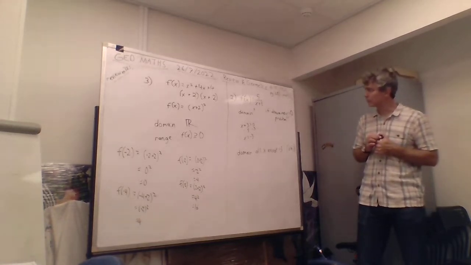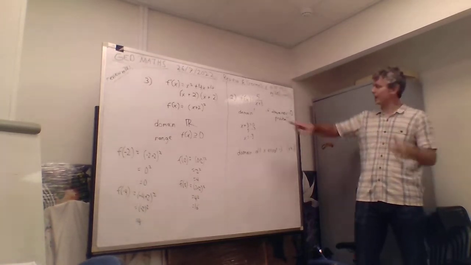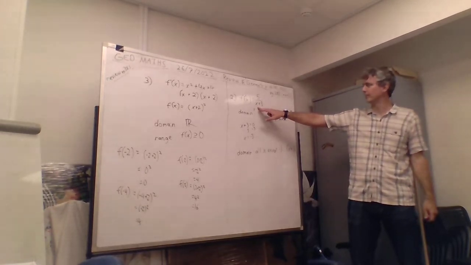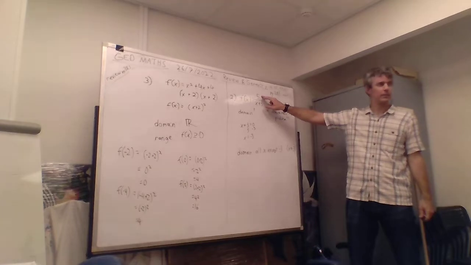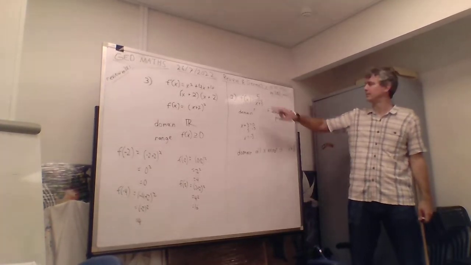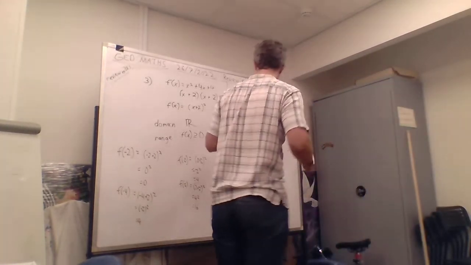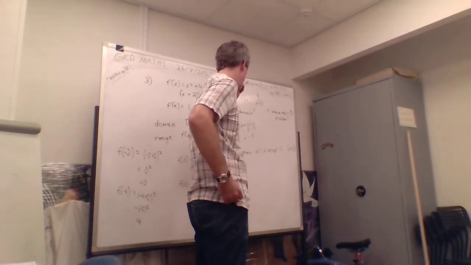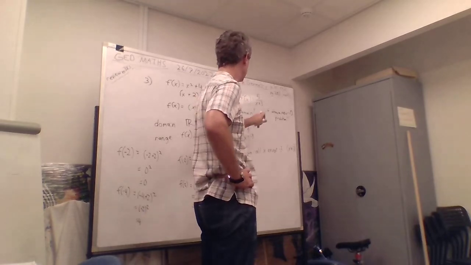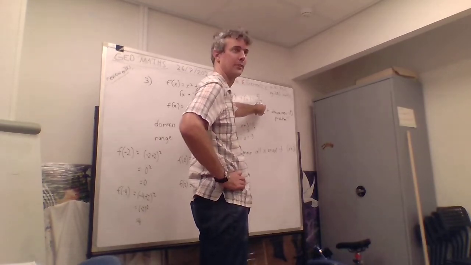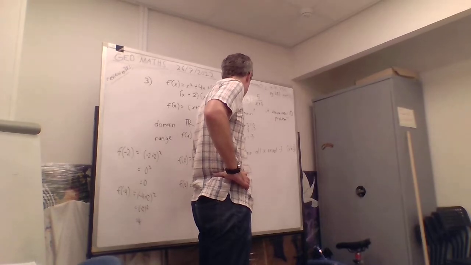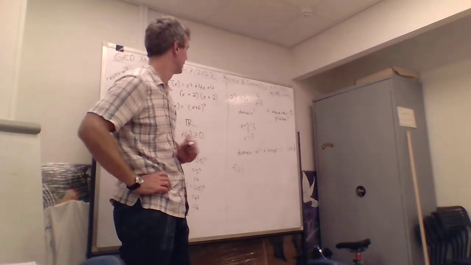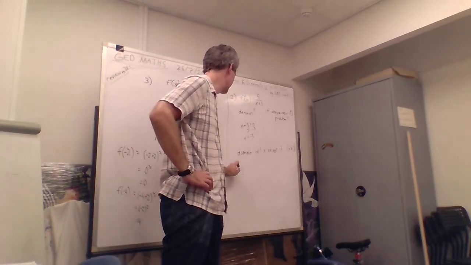The range: if x is a very small negative number, then this can be quite big. Let's have a look. f of something very close to minus 3, let's say f of negative 3.1.